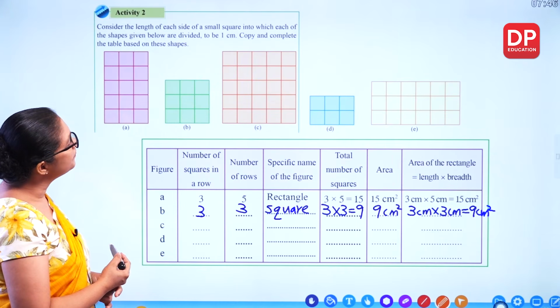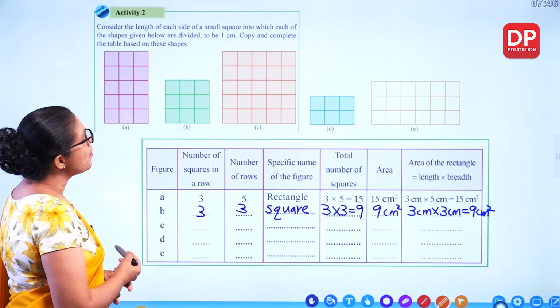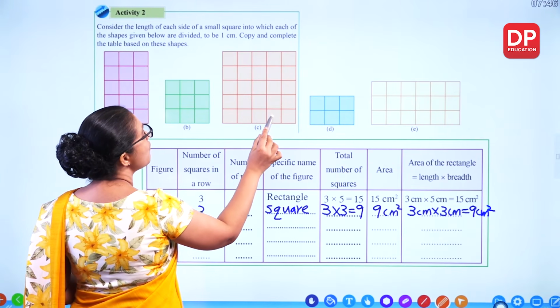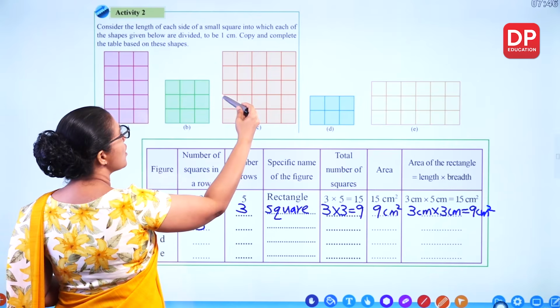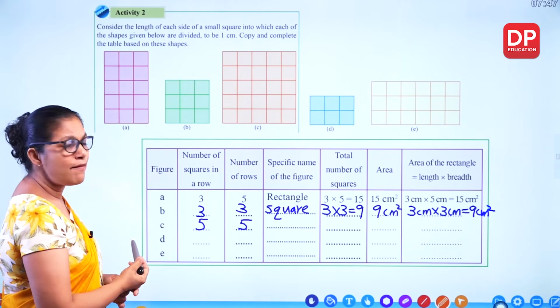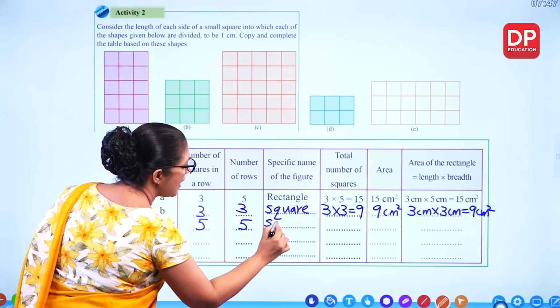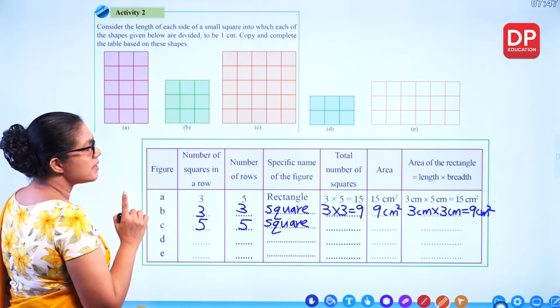Part C. So what's that? Number of squares in a row. 1, 2, 3, 4, 5. Number of rows. 1, 2, 3, 4, 5. So what's the shape? 5 and 5. It's a square again. So what's the total number of squares?